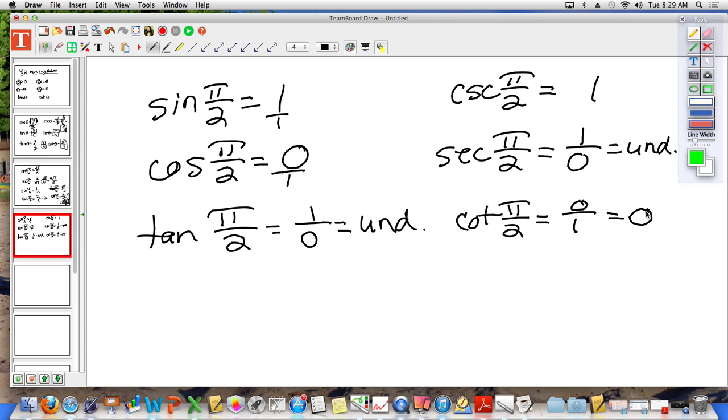If the sign value is negative, say it's negative 1/2, what will the cosecant be? If you just flip it, does the sign change? No, it stays negative. The sign does not change. If it starts off negative and you're just doing the reciprocal, it'll still be negative.